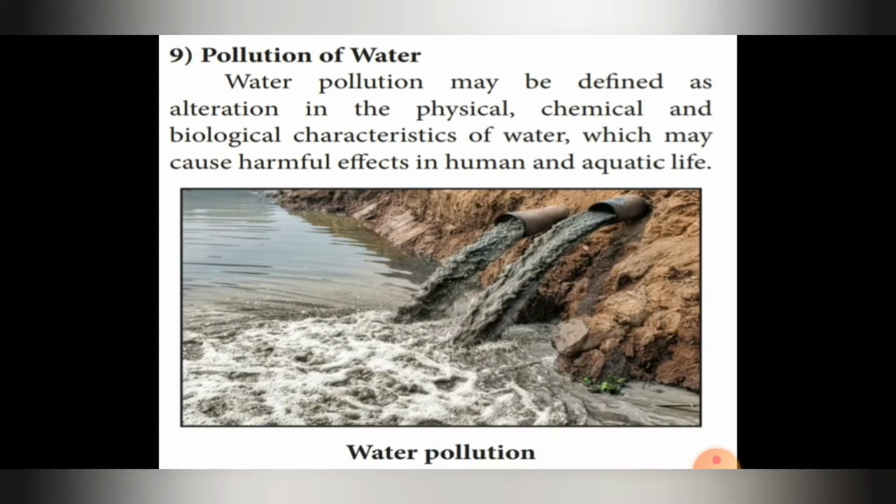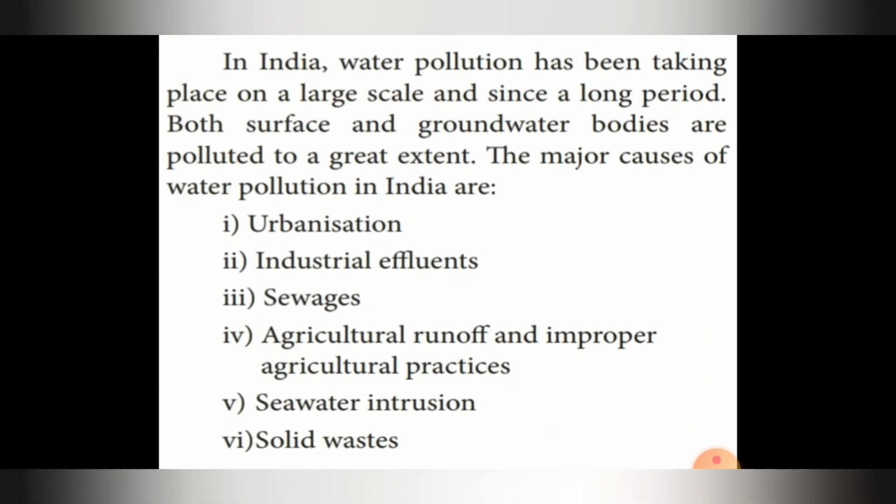And the ninth one is water pollution, which may be defined as alteration in the physical, chemical and biological characteristics of water which may cause harmful effects in human and aquatic life. So the picture shows water pollution, wastage from the factory, right? In India, water pollution has taken place on a large scale and over a long period.